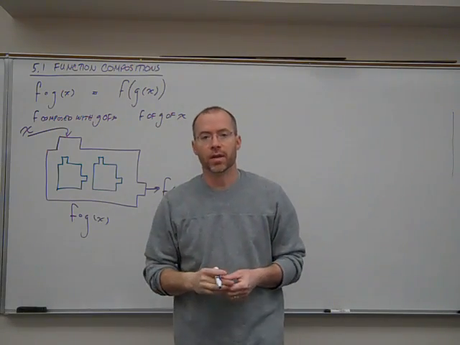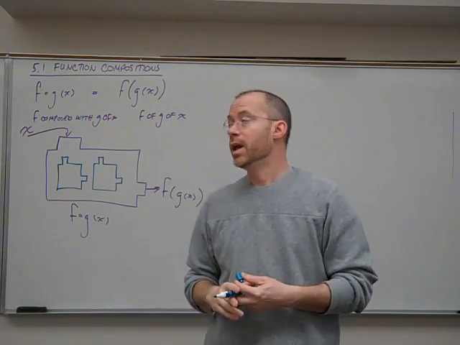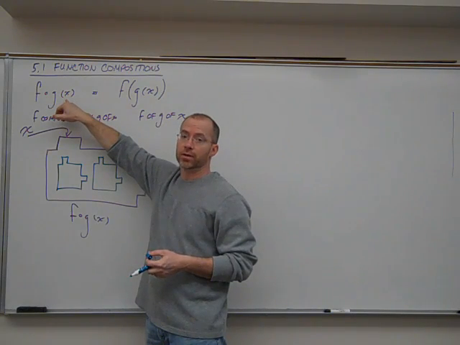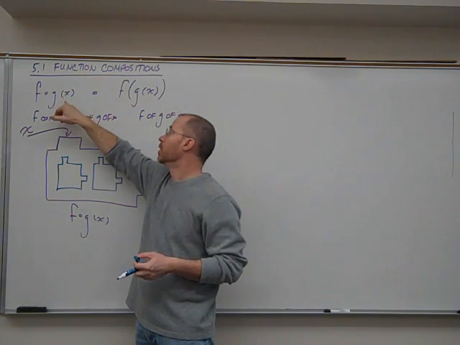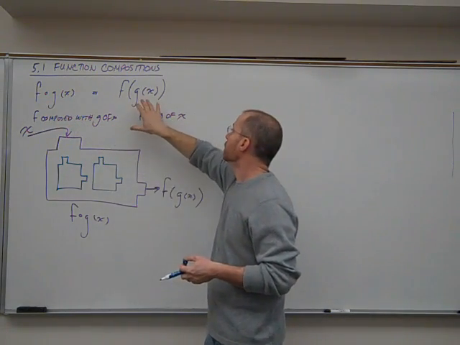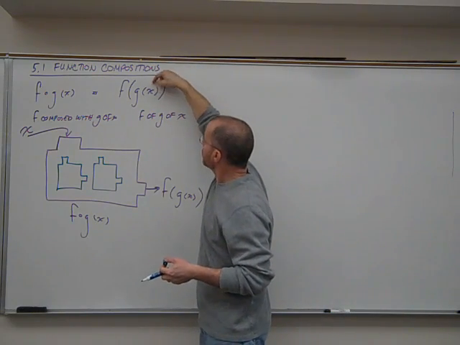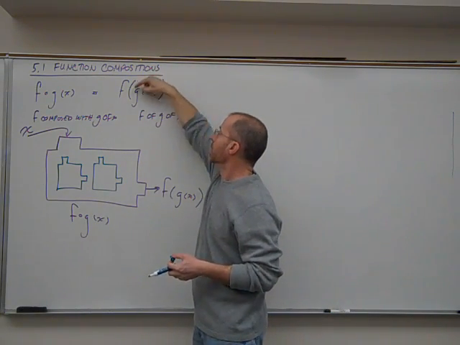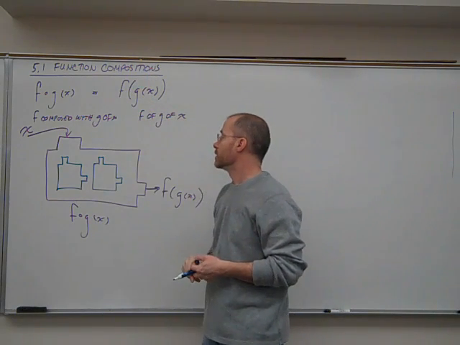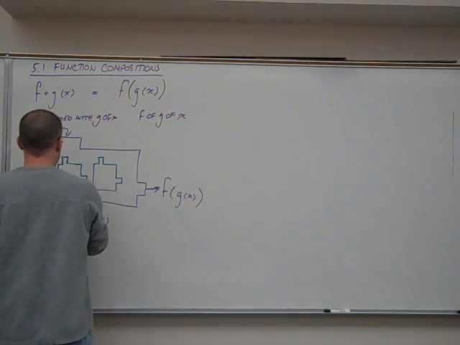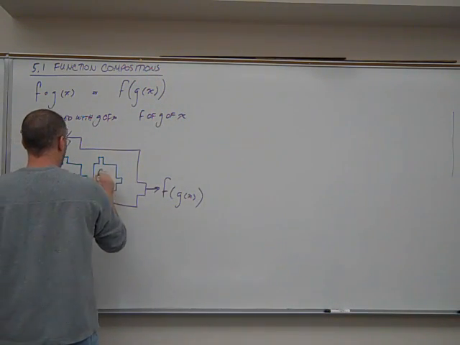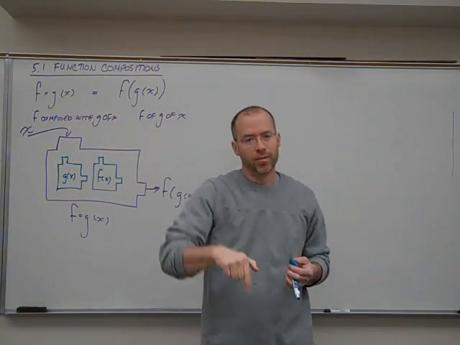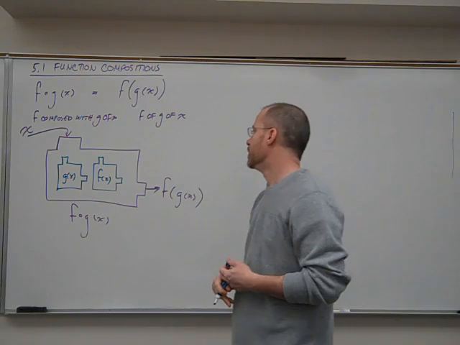And the most confusing thing about the way compositions work is that in f composed with g, it's actually g that's the first function that works on the input, and f is the second one. You can see that here too. X gets run through the g function, and then the output of g of x goes through the f function. So it's the two functions hooked up in series, but g comes before f in f composed with g.